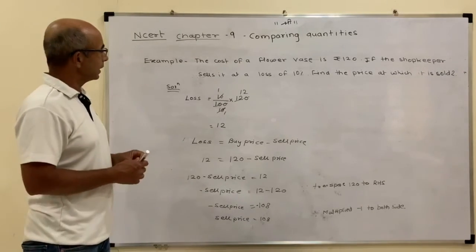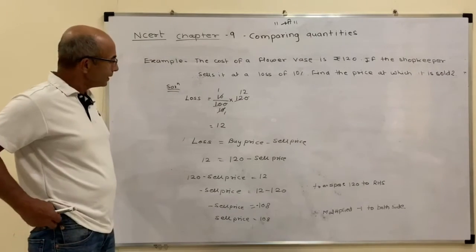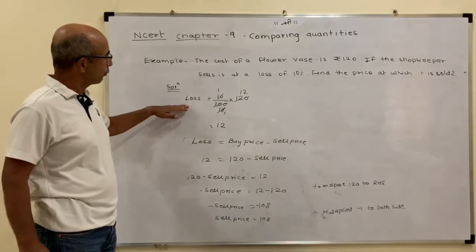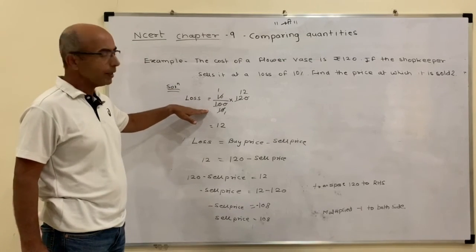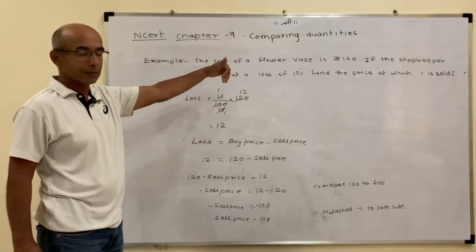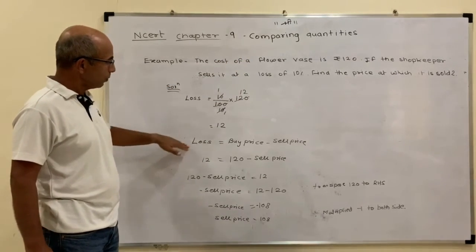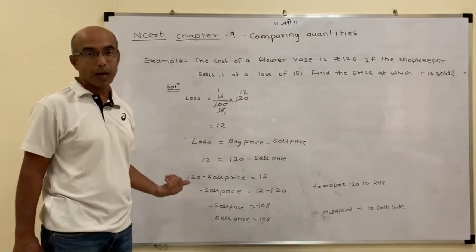I will explain again. The loss is 10%. So how much is the loss in number? 12, that is 10 divided by 100 into 120, which was the purchase price. So loss is equal to buy price minus sale price. Profit is equal to sell price minus buy price.